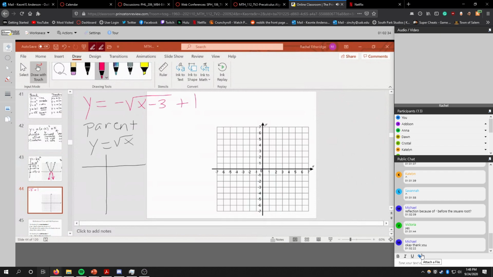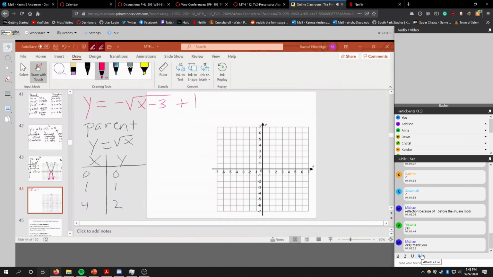We know the parent graph, I'm just going to write them, okay? So this is xy. So we know the parent is 0, 0, 1, 1, and 4, 2. And I left a little room there because I'm getting the square root. So I use 4, 2.